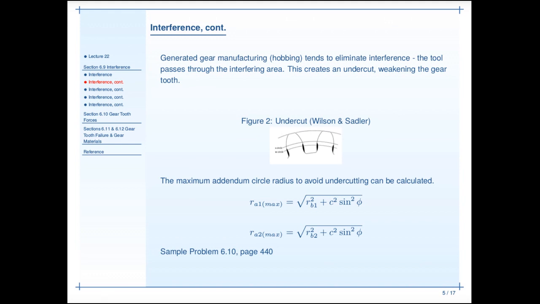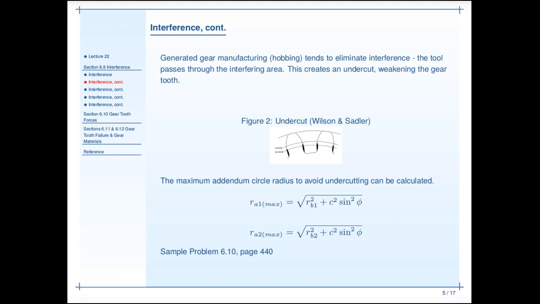There's a nice picture showing the interference. It's shown in Figure 2, the undercut. This is from your textbook, and you can see the black portion here. This is a portion that is cut out or damaged by the interference from one gear tooth to the other, which is what occurs when you have that contact outside of the involute.